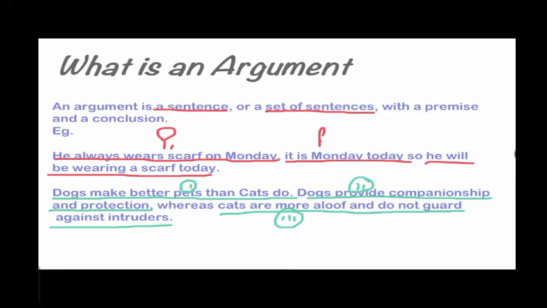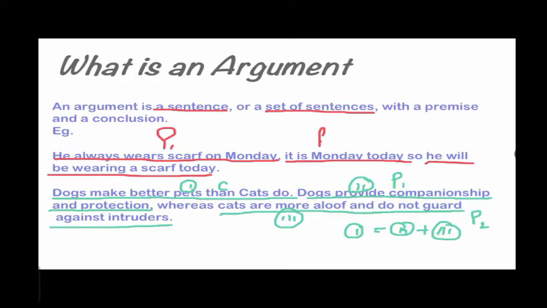Now if you look closely, what was happening in the first case was 1 plus 2 was giving me 3. In the second case, that is not true. Rather, what is happening here is 1 is supported by number 2 and number 3. So here, the first part is the conclusion. The second part, let's call it P1, and the third part, let's call it P2.